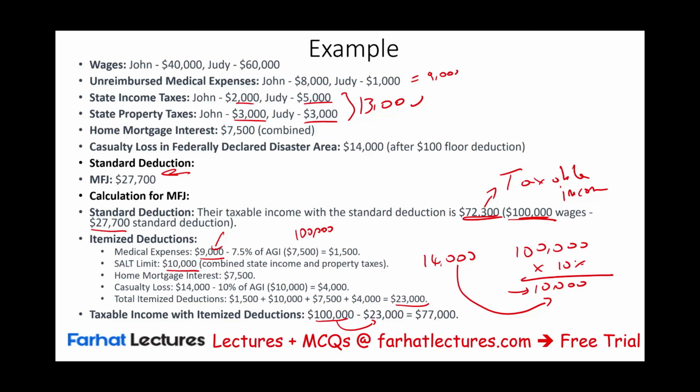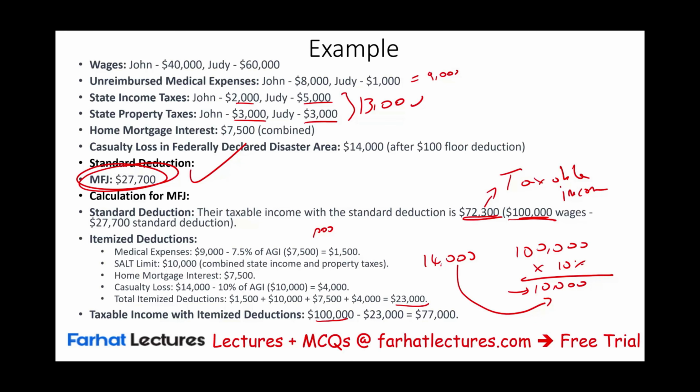If they use the itemized deduction, their taxable income is 77,000. What would John and Judy use? Would they use the standard deduction or the itemized deduction? Obviously, in this example, we did all this work, but it was not needed, because what's given by the government is 27,700, and we're going to take the standard deduction because it's greater than the itemized deduction.